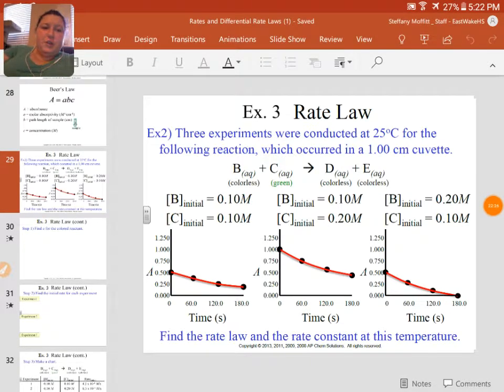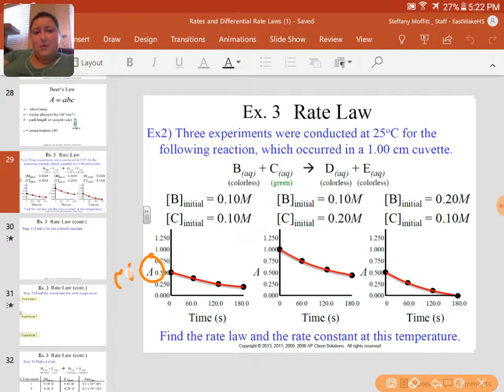So the good news about Beer's law is that the absorbance, which is our capital A right here, is proportional to concentration. So basically we can say that this y-axis is concentration. And the easiest way to find the initial rate is by calculating the slope of that line at that one point right in the beginning.